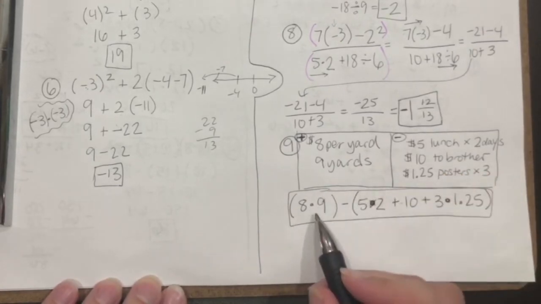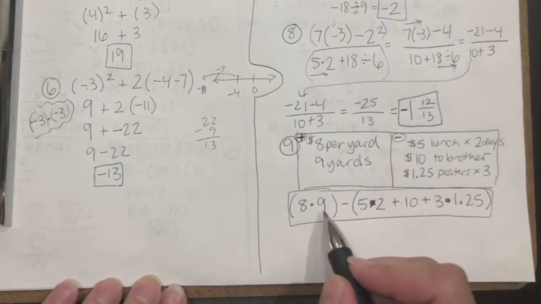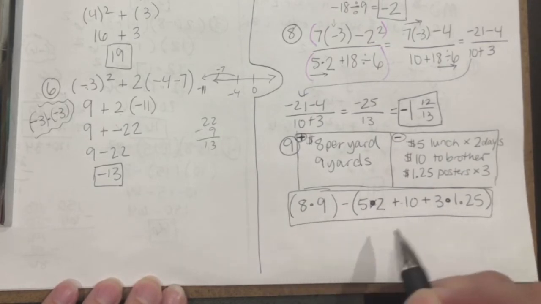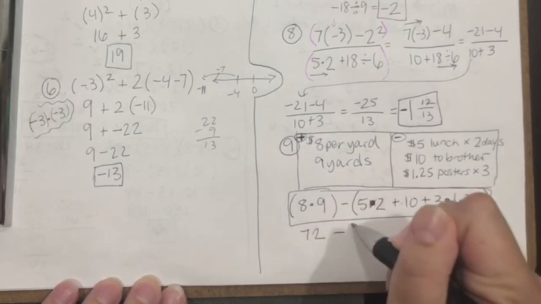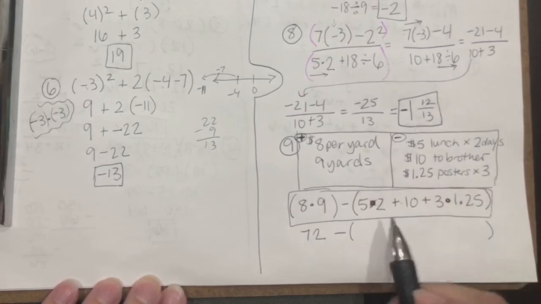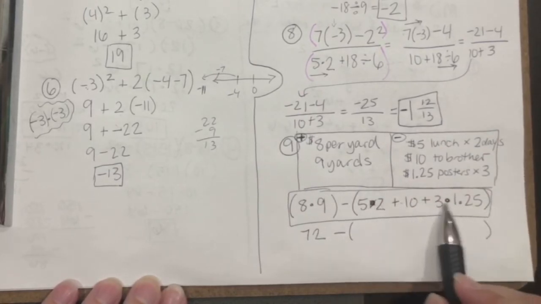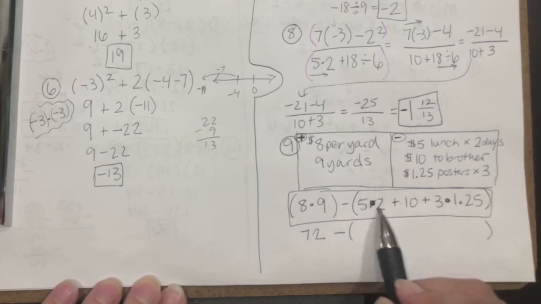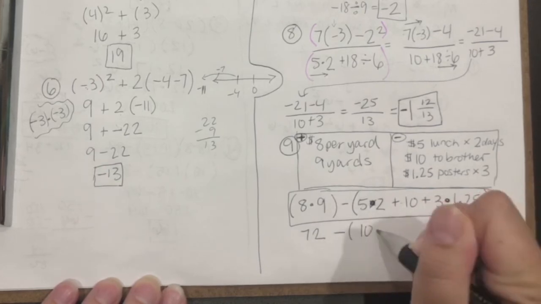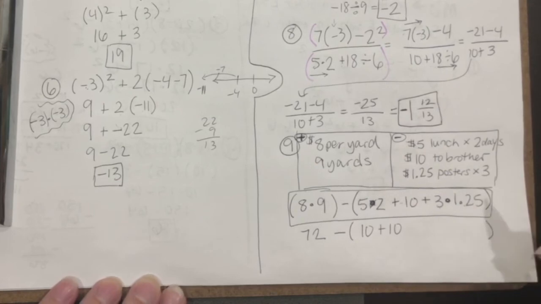And now the next part of the question is to simplify it and actually find the amount. So 8 times 9, 9 times 8 is 72. Minus, we're going to do all this. Inside these parentheses, we need to do the multiplication parts first and then add up all of those. So 5 times 2 is 10, plus this 10, and then 3 times $1.25.